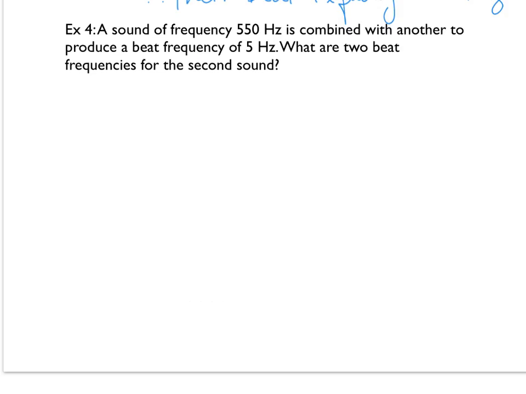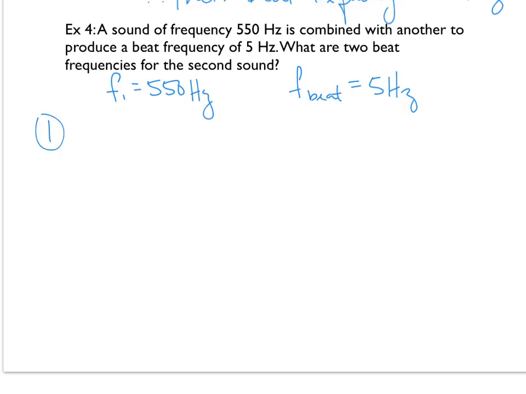As another example, a sound of frequency 550 hertz is combined with another to produce a beat frequency of 5 hertz. What are 2 possible frequencies for the second sound? Let's write down our givens. Okay, so because we're using our equation for beat frequency, it can be positive or negative. So you have 2 options here.